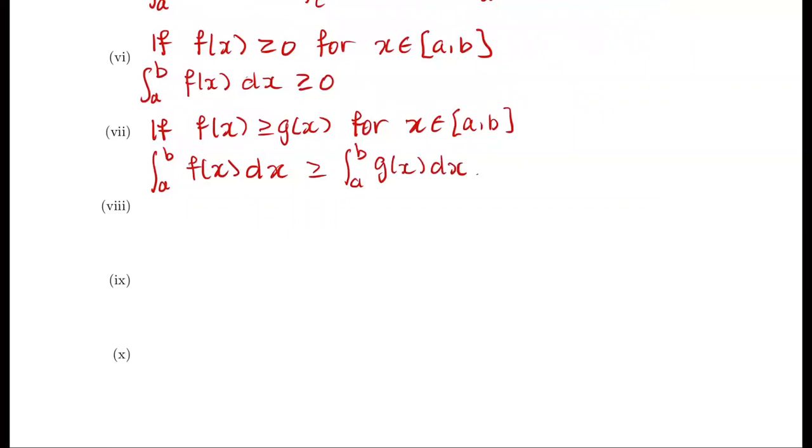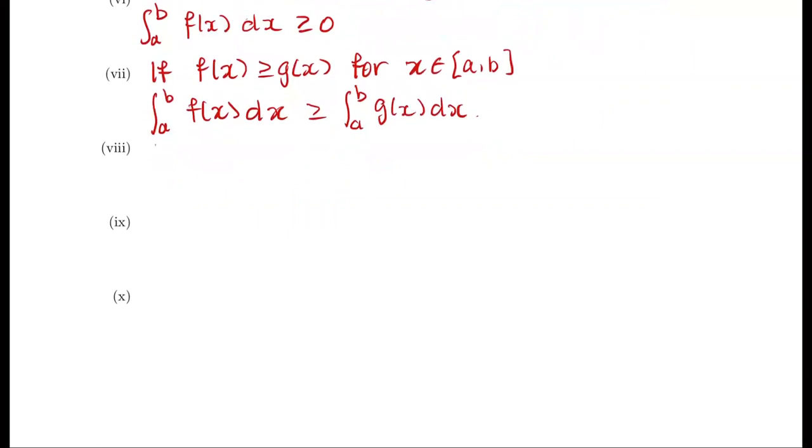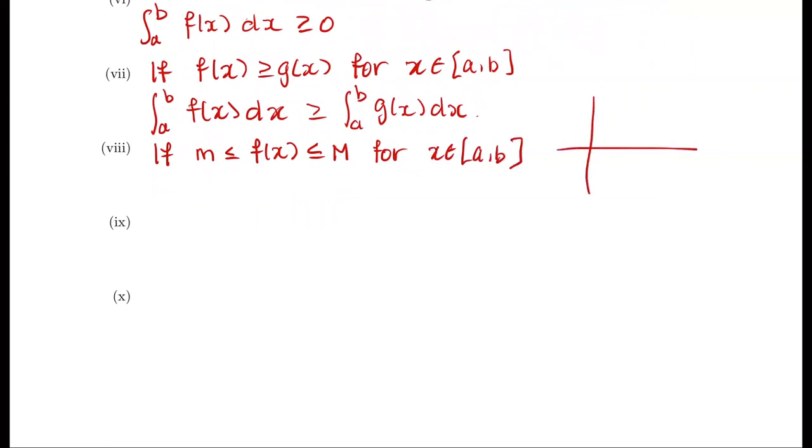Okay, so let's say f is bounded above by M and bounded below by m, for x in [a, b]. Meaning that if you have a function that looks like this, this is the upper bound, this is the lower bound, the function is going to stay within this range here.